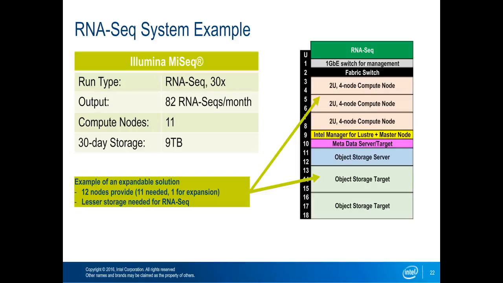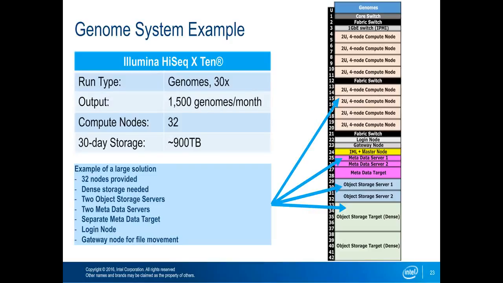And then finally, well, actually not finally, if you have an Illumina HiSeq X10, this is the 32-node configuration, roughly, that Michael talked about. And you have 8 of these 4-node servers. You have Fabric, you have your login node, your gateway node, and your Lustre setup, which is, if I can annotate here, this is all Lustre.